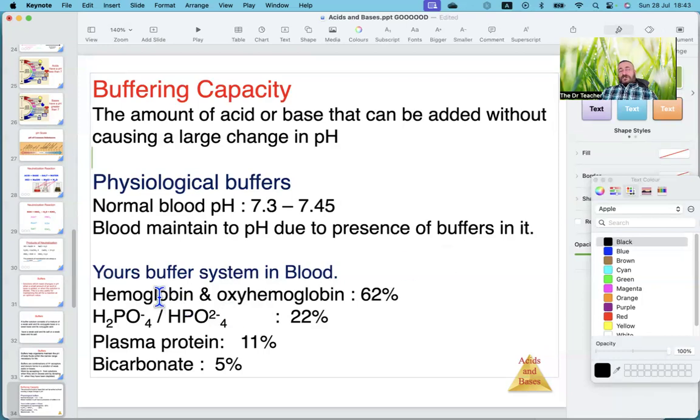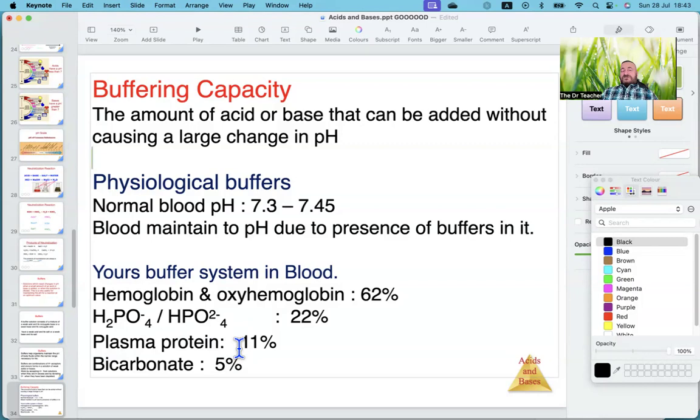Okay, so the buffer systems in blood: hemoglobin and oxyhemoglobin, 62%. H2PO4 minus and HPO4 2 minus, 22%.